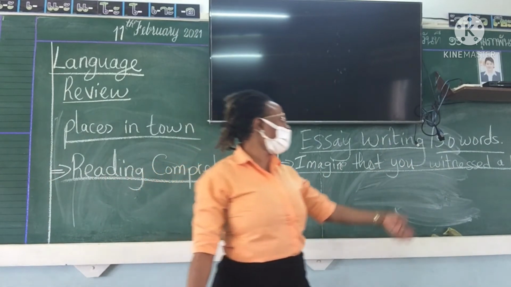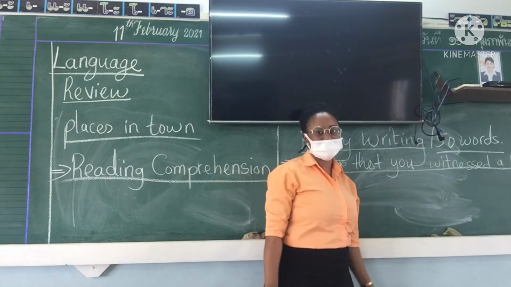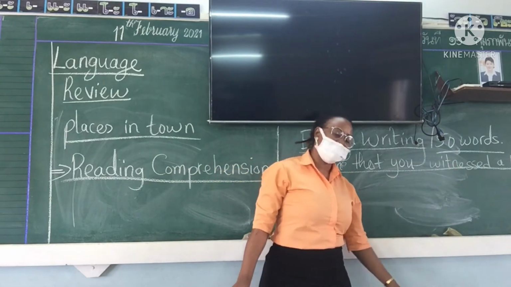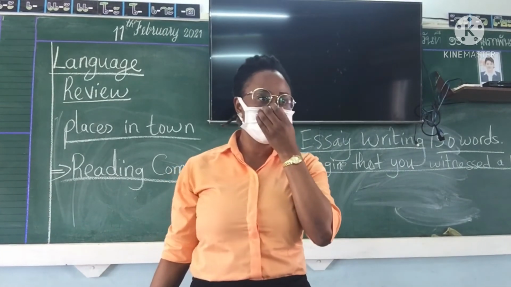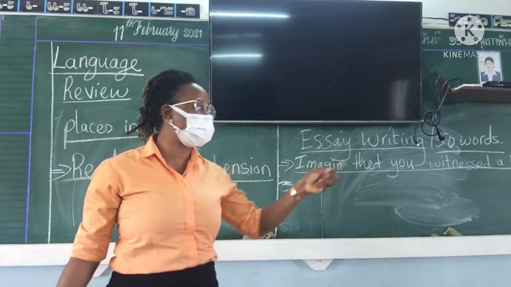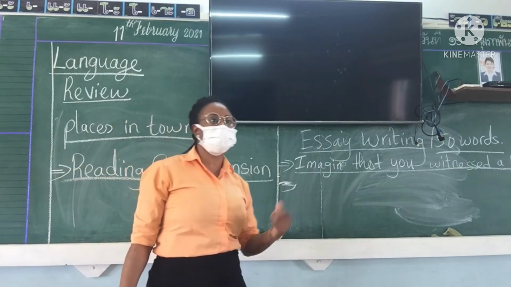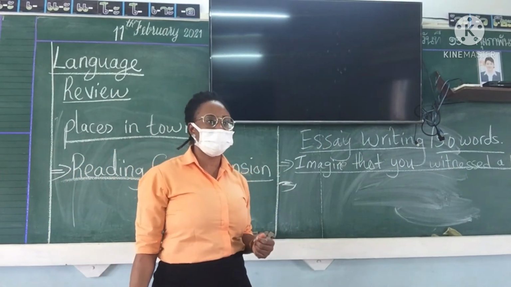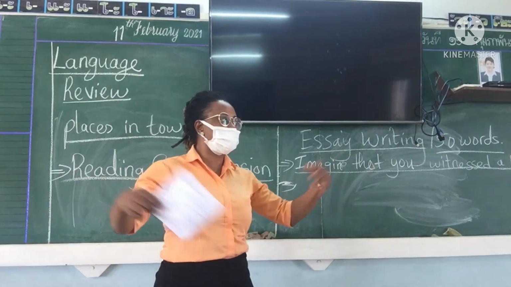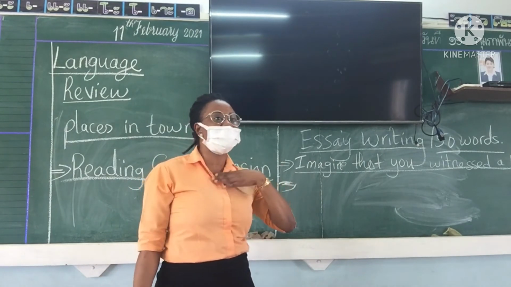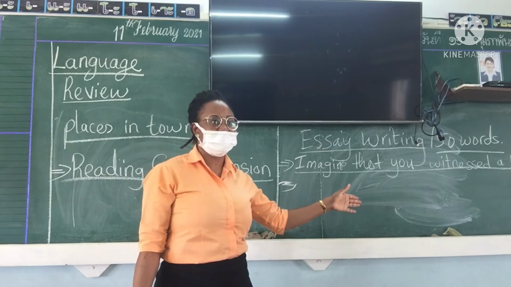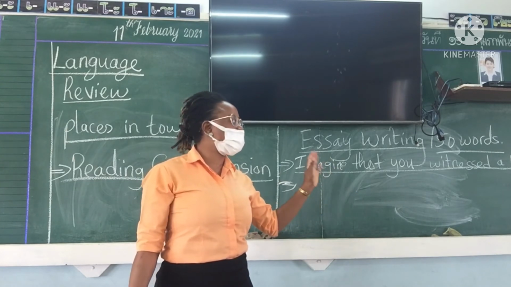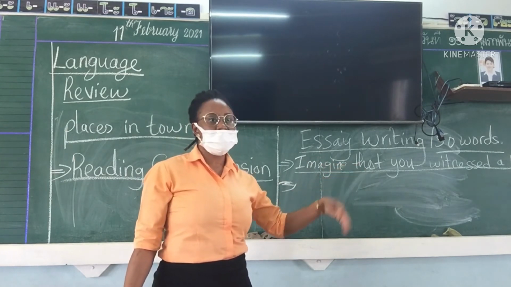Everyone say robbery. Theft, to steal, to take people's things that do not belong to you. The person who does an action like that is called a robber. Robbers do the act of robbery.